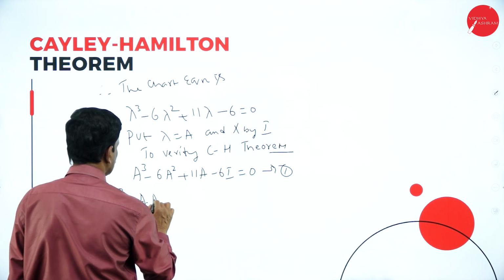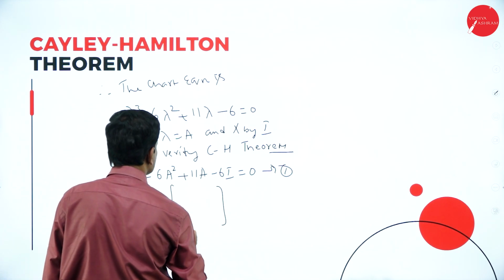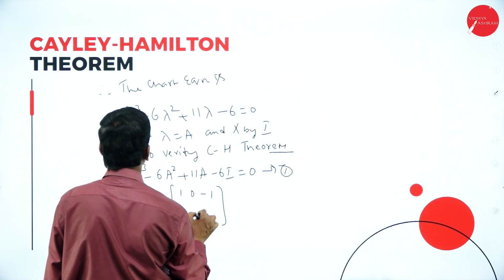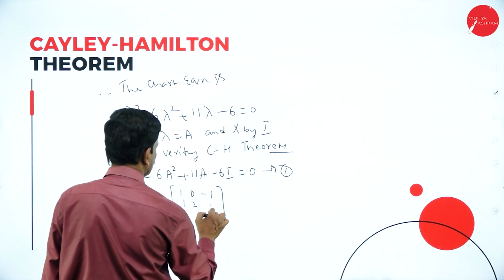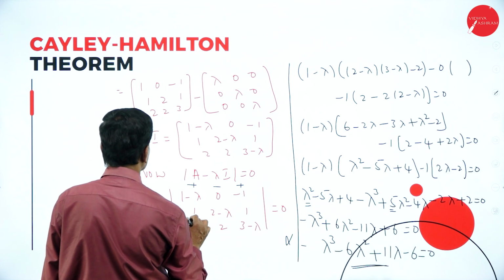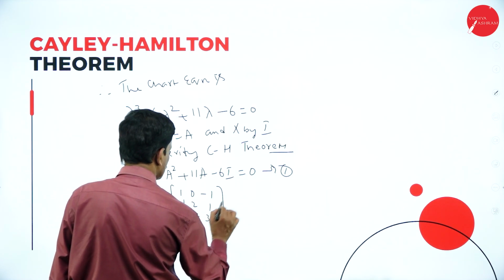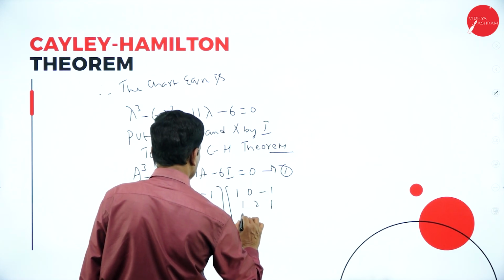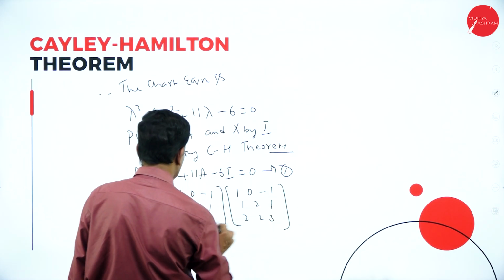A square is equal to A into A. What is the matrix A? Given matrix [1 0 -1; 1 2 1; 2 2 3] into [1 0 -1; 1 2 1; 2 2 3]. Now simplify this.